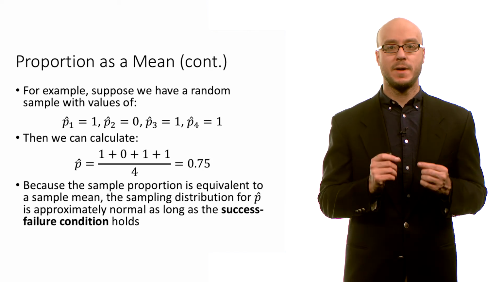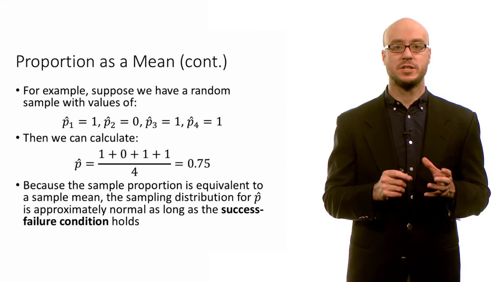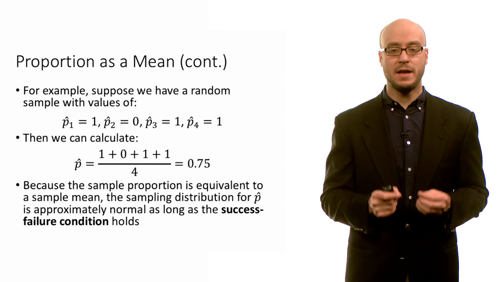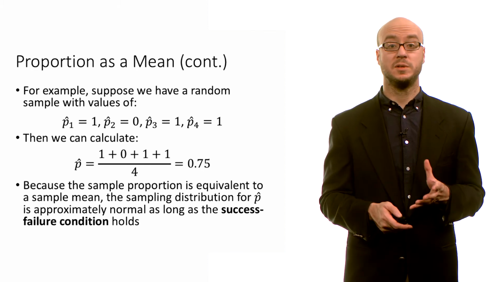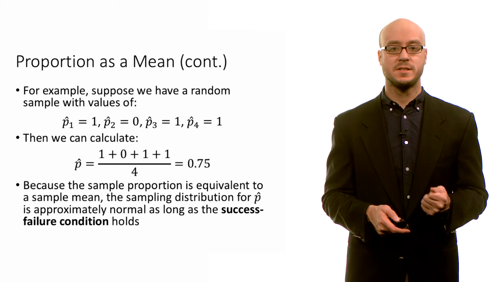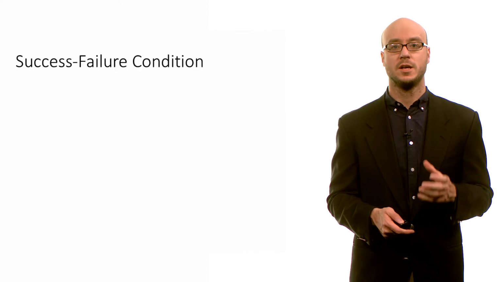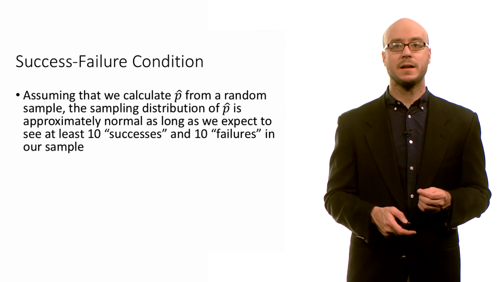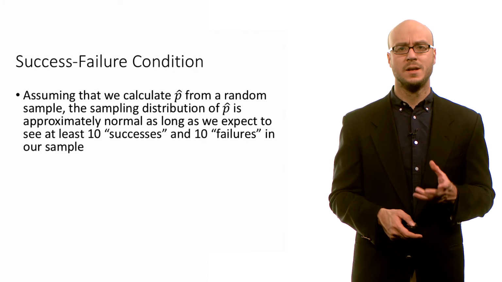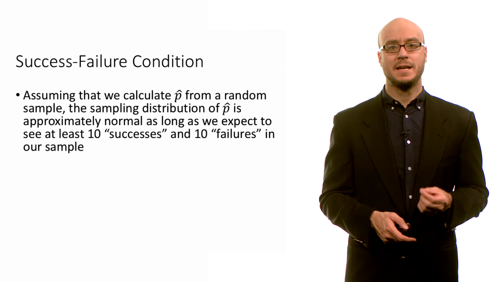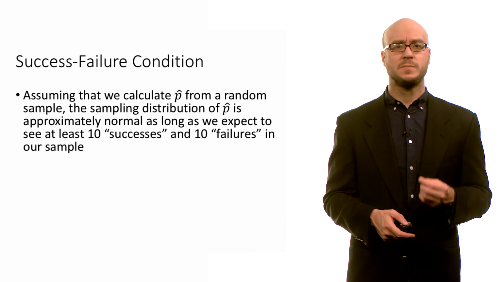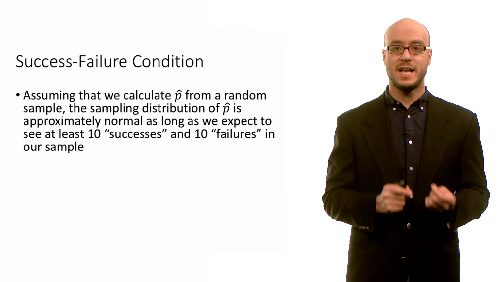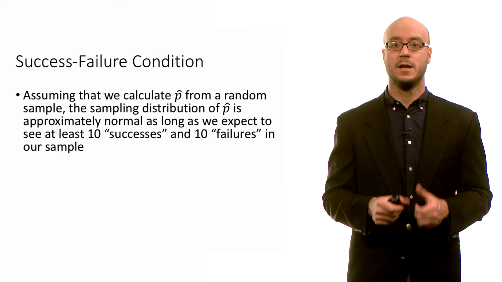So the thing about treating a sample proportion as a sample mean, the key point is the sampling distribution for p hat, for the sample proportion, will be approximately normal as long as the success-failure condition holds. Now, what is the success-failure condition? Assuming that we calculate p hat, the sample proportion, from a random sample, the sampling distribution of p hat is approximately normal as long as we expect to see at least 10 successes and 10 failures in our sample, where successes and failures are defined as before.